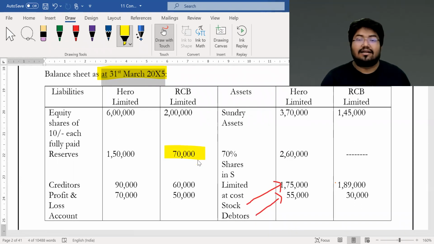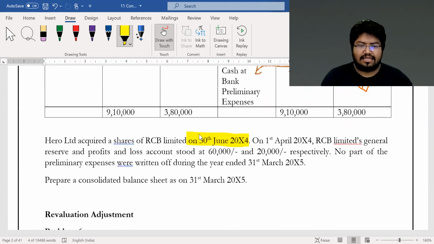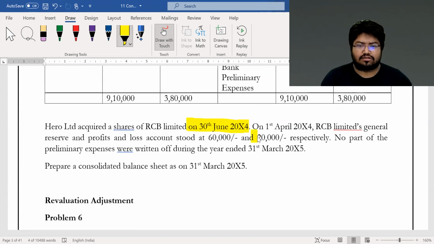That means 10,000 is transferred by the subsidiary, by the child, from P&L to general reserve during the year. Number two, P&L at the end of the year is 50,000. At the beginning of the year it is 20,000.